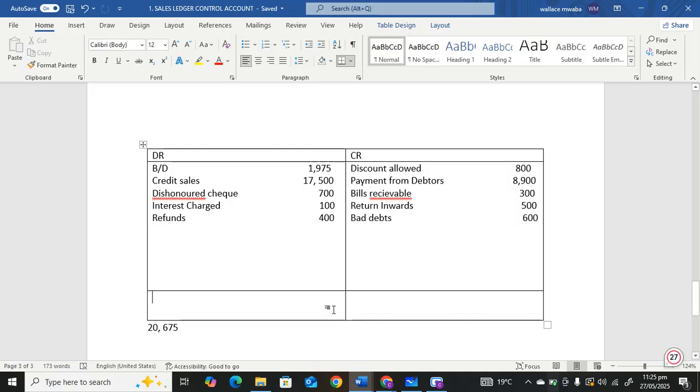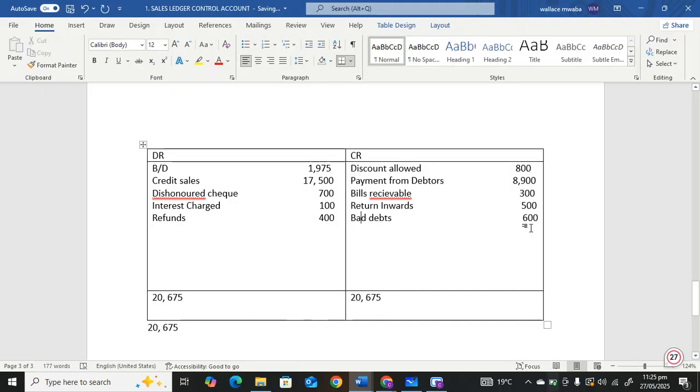What are we getting? I believe debit side is high, 11,100. Okay. So the higher amount you put it both on the debit side and on the credit side. Okay. The higher amount.